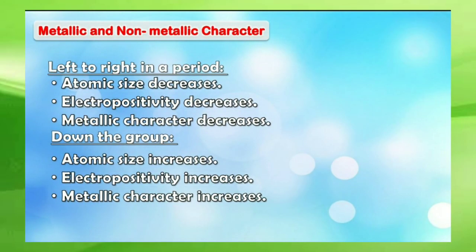From left to right in a period, atomic size decreases, electropositivity decreases, and metallic character also decreases. And if we observe down the group, atomic size increases, electropositivity increases, and metallic character also increases. Understood, children? I hope every one of you has understood today's concept.